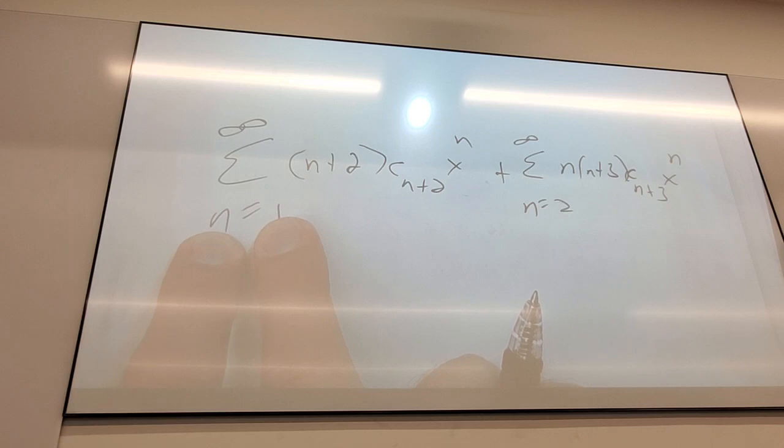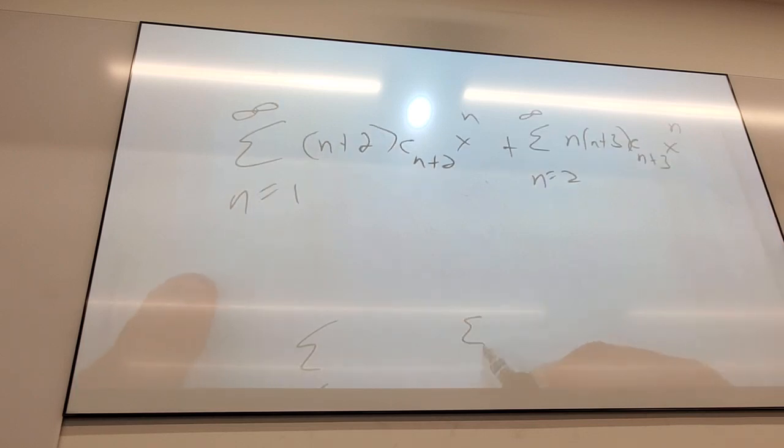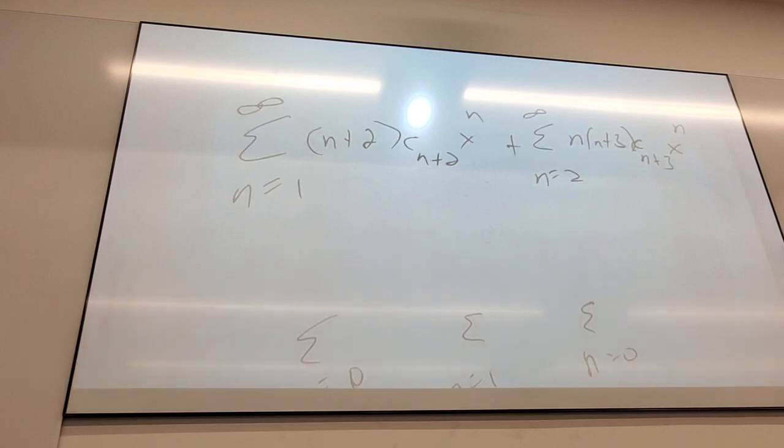What's the second term correspond to? Well, for this one, I did n equals 2 and then n equals 1 and n equals 0. Once I got all the same x to the n's, it's n equals 0, n equals 1, and n equals 0. Yes, good, good.